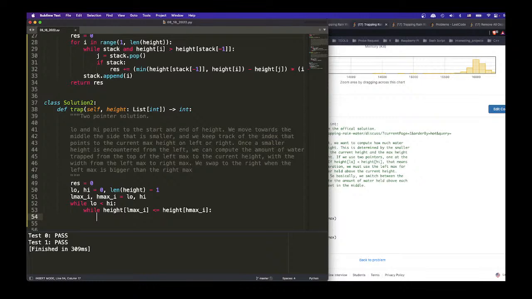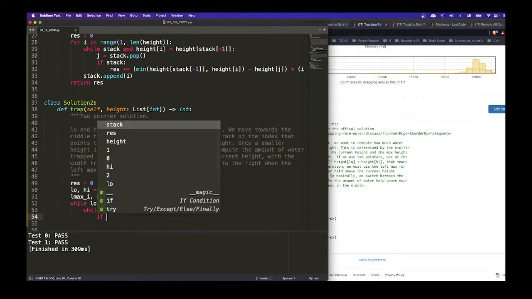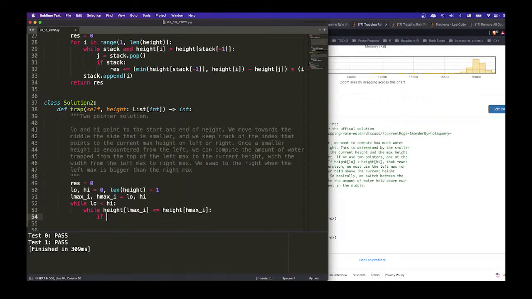Then we say if height low is smaller than, then we do it. If it's larger than, then we swap.